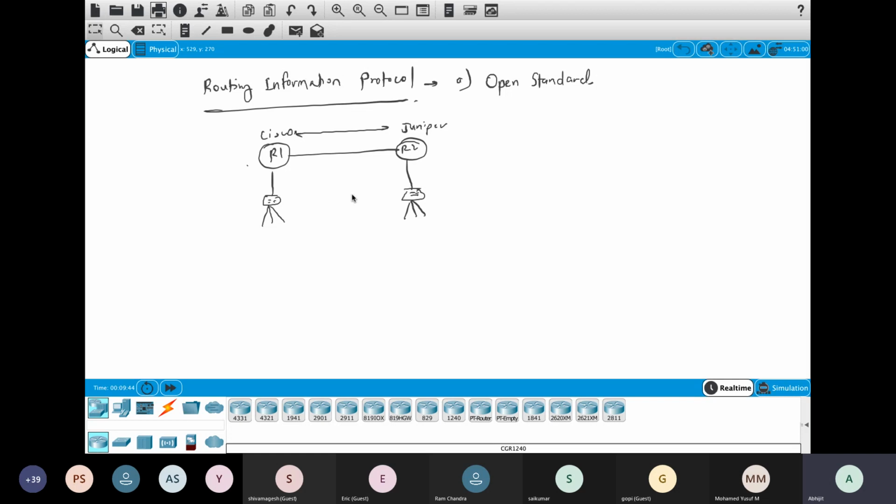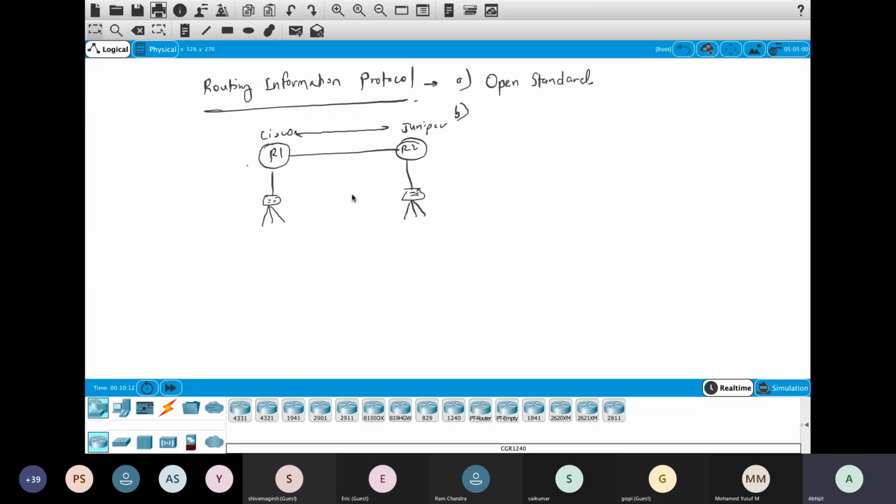You don't need to worry about which devices you are connecting, or whether the vendors are the same or not. Since this is an open standard protocol, you can implement routing information protocol in almost every device that is available. Make sense?